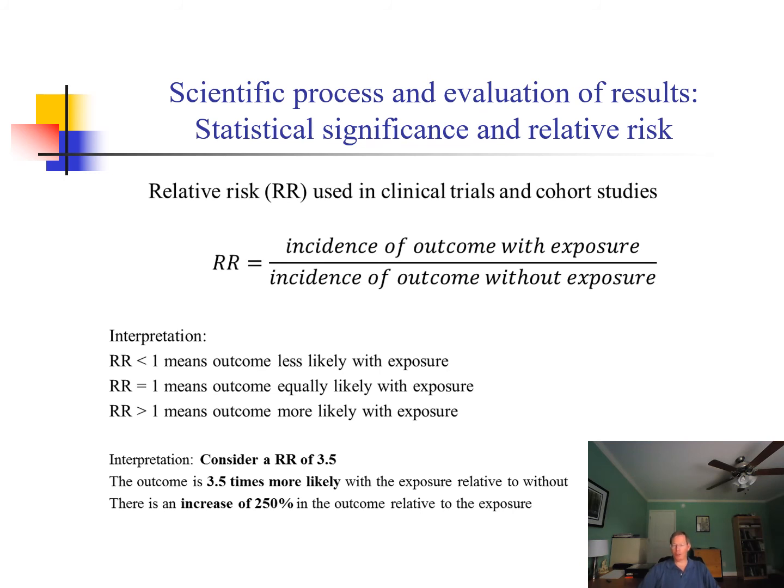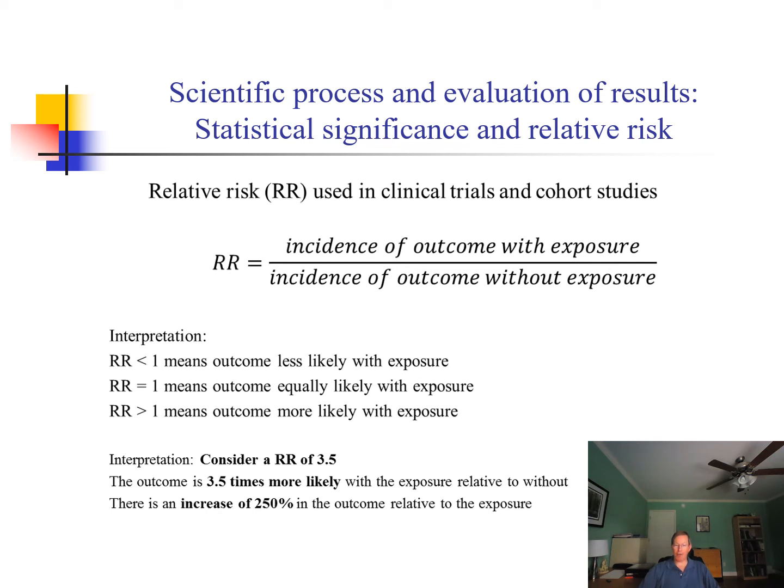Now, there are several different ways that you can actually report data. For things such as clinical trials and cohort studies, those are prospective studies, we tend to use a relative risk. Now, a relative risk means the incidence of whatever you are looking for, in our case, ischemic stroke, with exposure, in this case with the drug Pradaxa, versus the incidence of that ischemic stroke with warfarin.